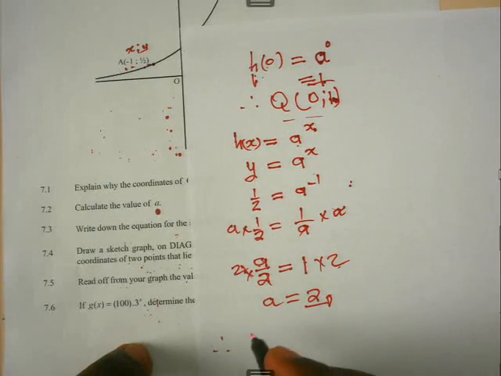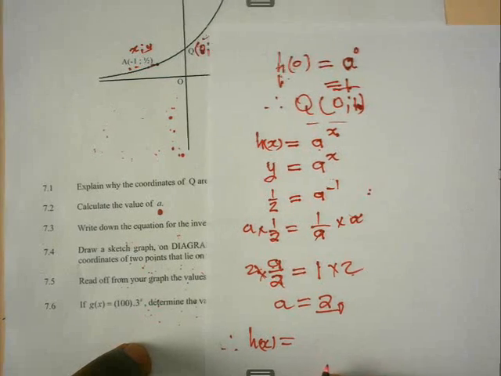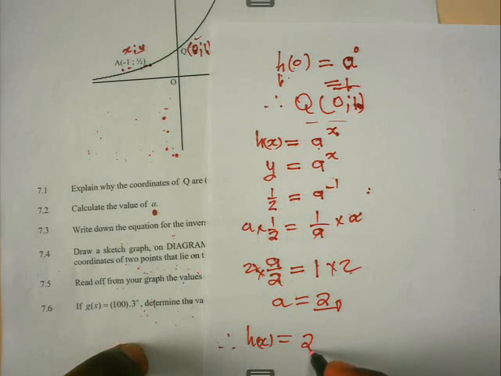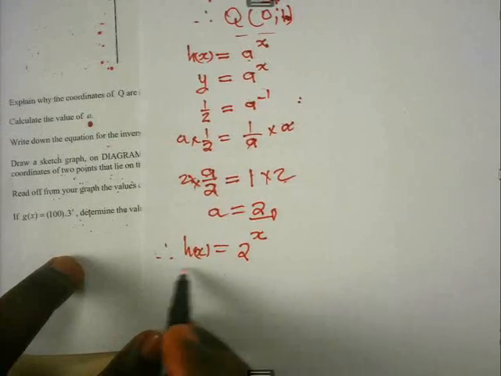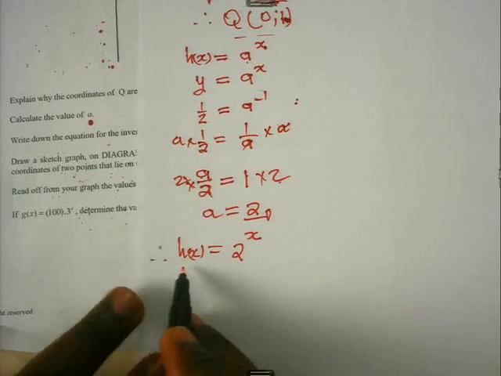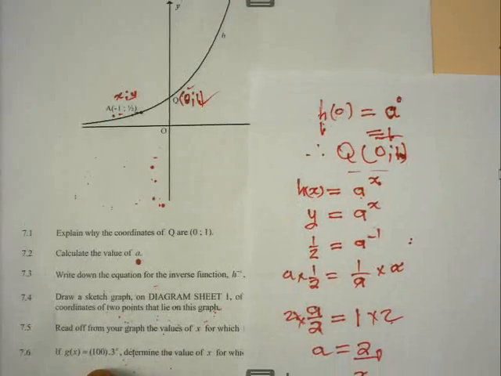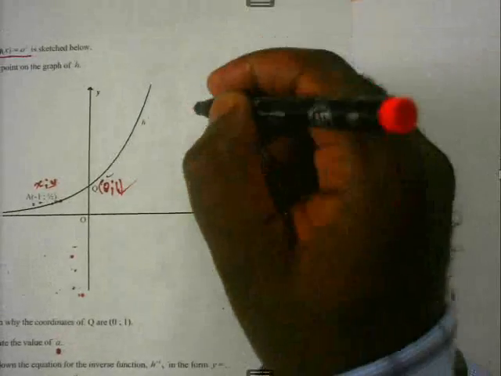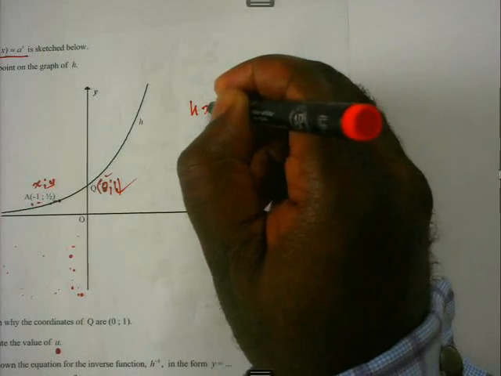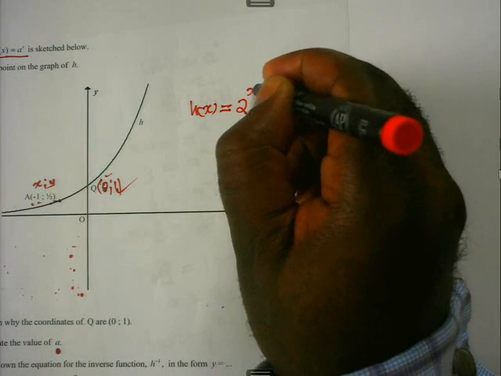Therefore, h of x will be equal to 2 raised to the power of x. This is the equation that defines this function, this graph. It is the defining equation of this graph. So maybe I can write it here and say h of x is now equal to 2 raised to the power of x.